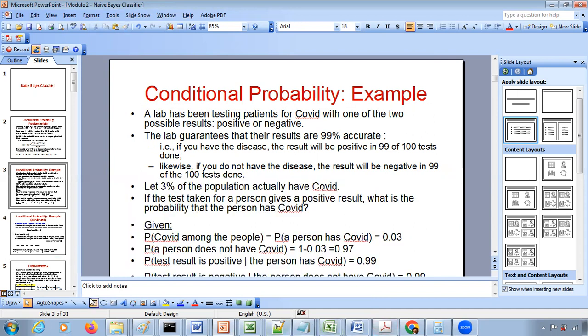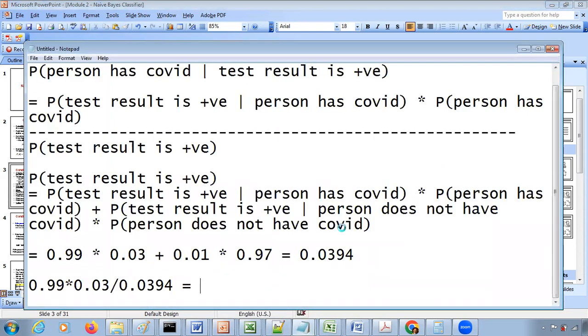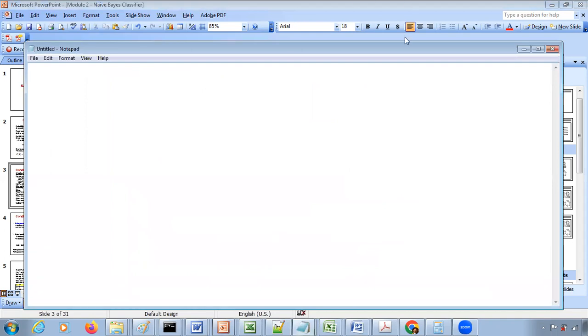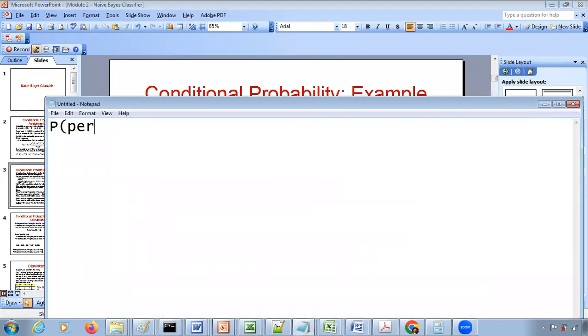Okay, so what we want to determine here is the probability that a person has COVID, given that the test result is positive. So the test result has come out as positive. What's the probability that the person has COVID?